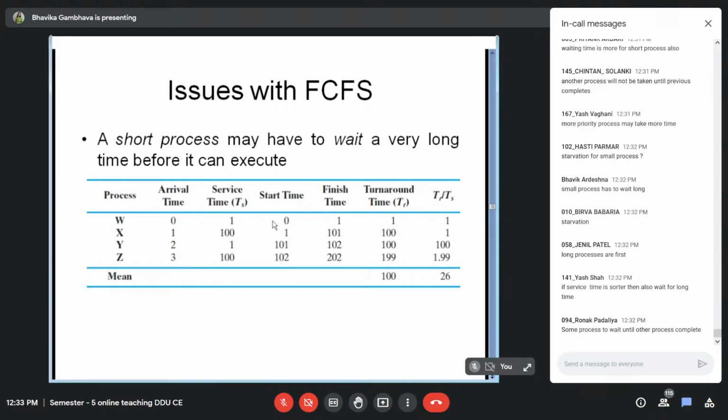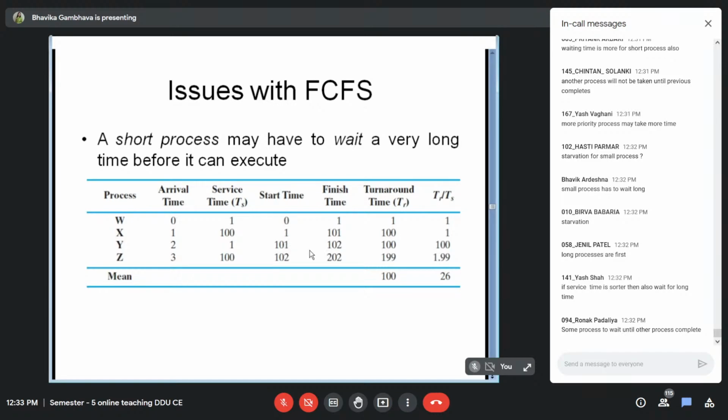W starts at 0, it will complete at 1. When it completes at 1, X is already present. So it will start, it takes 100 units, so it will complete at 101. When it completes at 101, Y and Z, both of them are present. But Y being the older process, it will be given the priority. It will start at 101, it will end at 102.